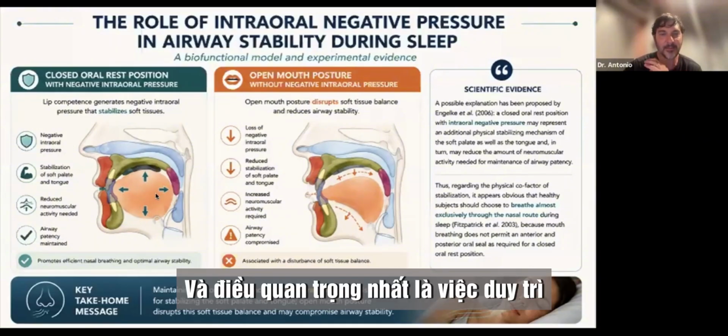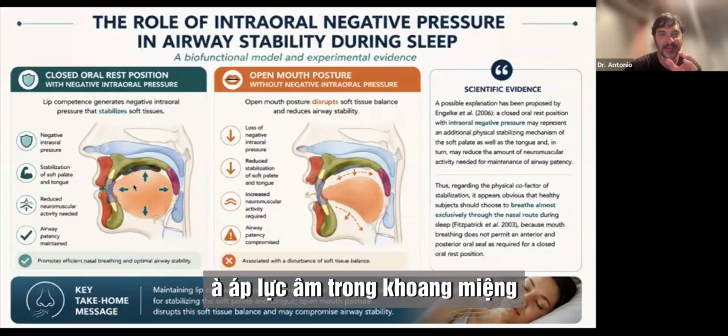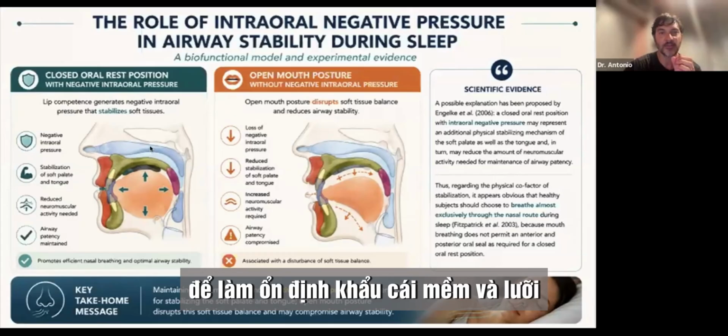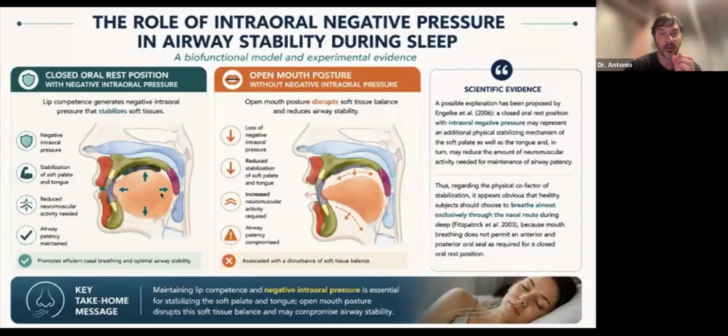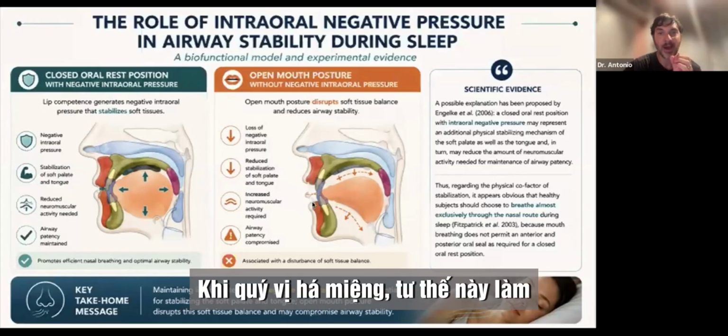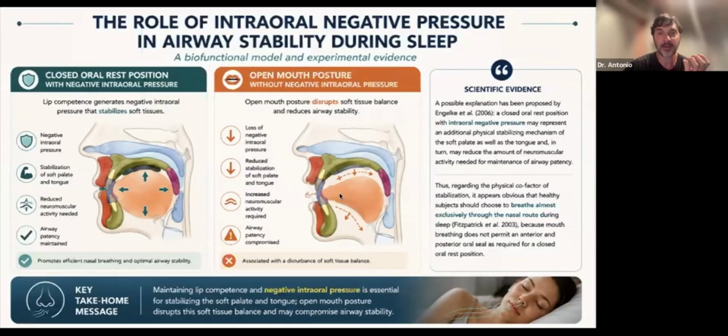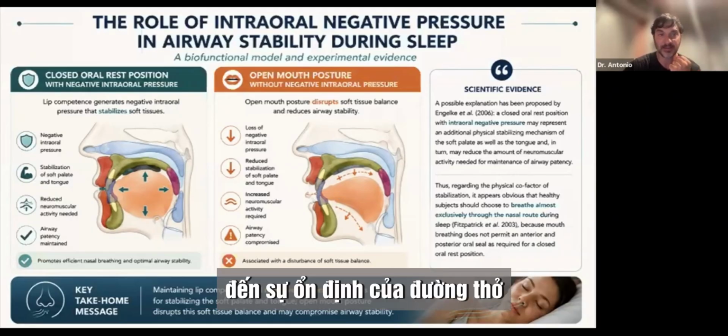The most important thing is that maintaining lip competence and negative intraoral pressure in the mouth is essential for stabilizing the soft palate and the tongue. When you open the mouth, this posture disrupts the soft tissue balance and may compromise airway stability.